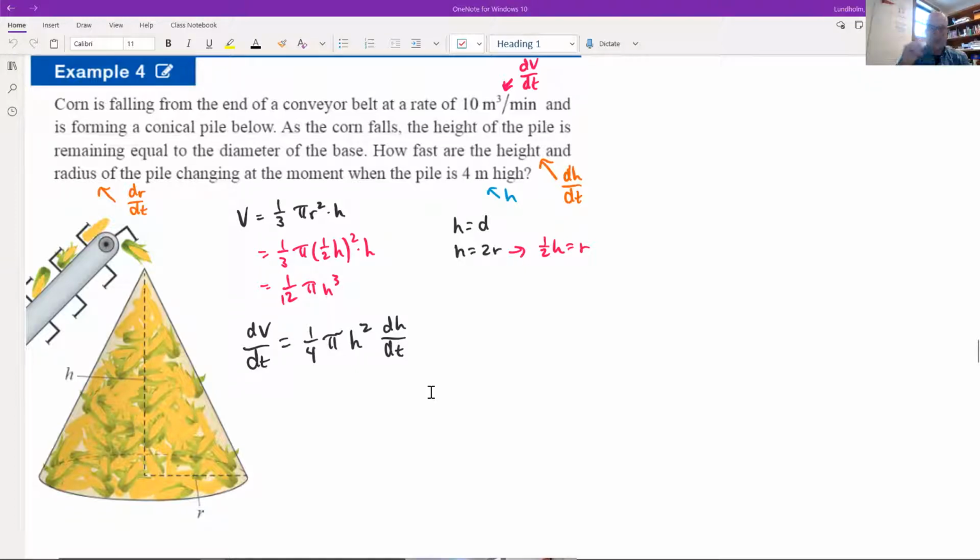And now we've got enough information to solve for dh/dt, I think, because dV/dt is 10 cubic meters per minute. And the height is 4.